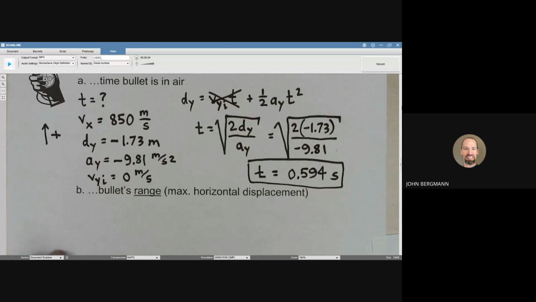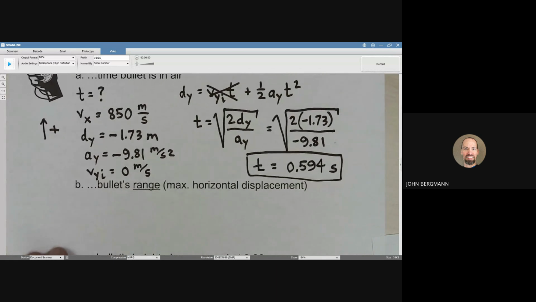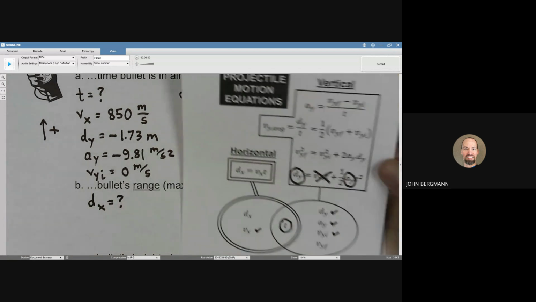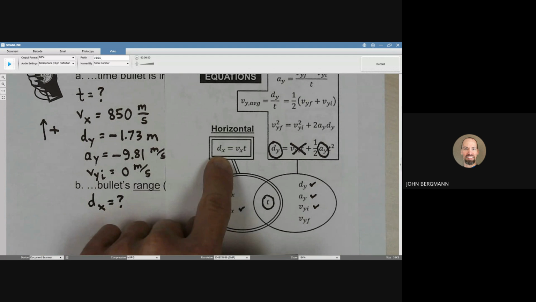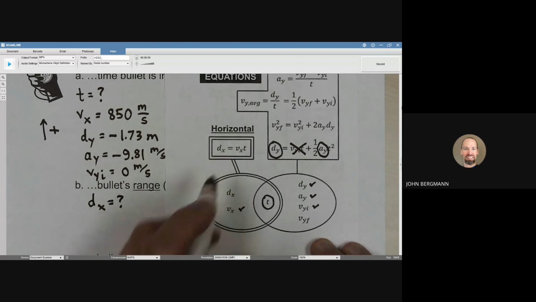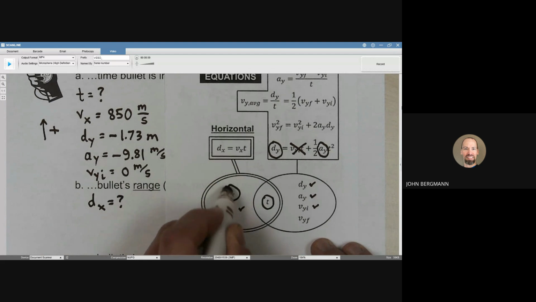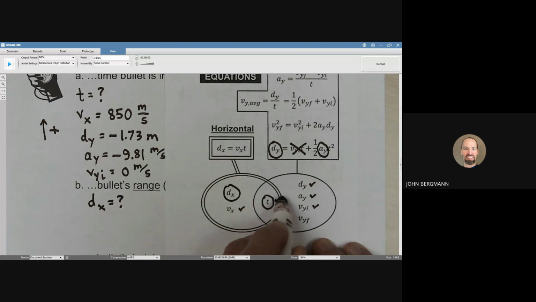Let's now find the bullet's range, which is the maximum horizontal displacement. Whenever we say range, we're talking about the displacement in the x direction. Now, what equation is going to be useful there? Well, clearly, that is this one. It's the only one that has dx. We're now looking for dx because we found the time that this bullet is in the air.